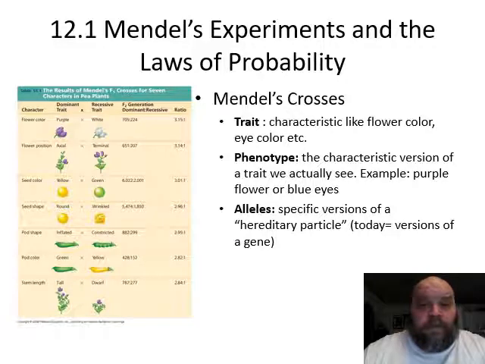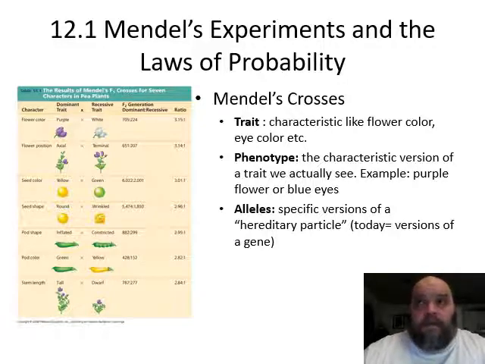Because when he looked through the different characters, the different traits, as you notice to the far left there, some traits dominated others. The dominant trait means that it masks the other, or it's the one that will be presented. Purple, dominant over white. Axial, for the flower position, is dominant over terminal. Yellow peas over green peas, round over wrinkled.